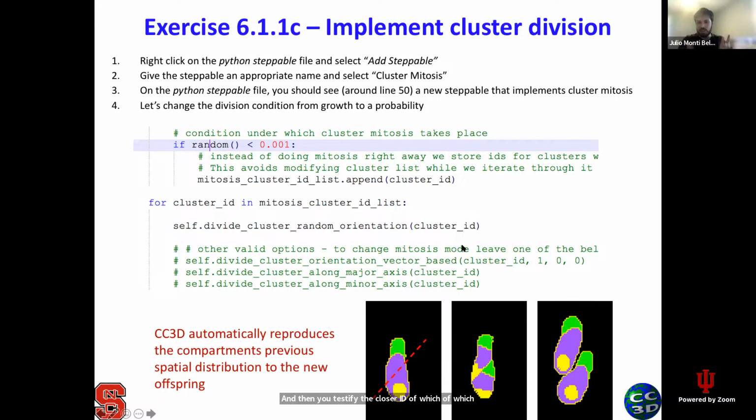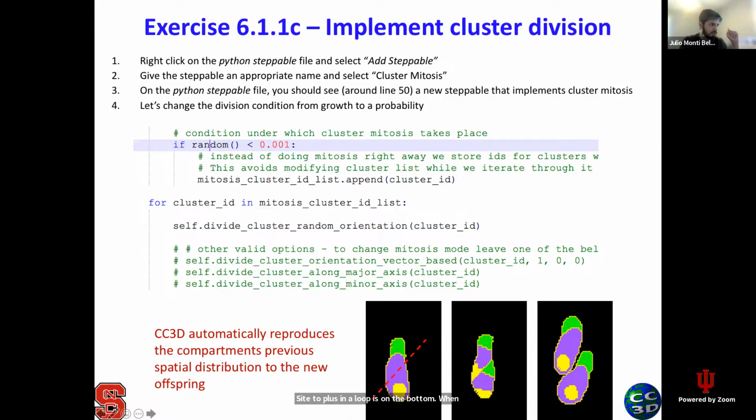And the nice thing about CompuCell is that it automatically reproduces the pattern of the arrangement of those compartments into the two other cells. So here, if you have a cell that's moving this direction and you divide at this orientation, what you have is a lamellipodium on the top, cytoplasm, and a nucleus on the bottom.